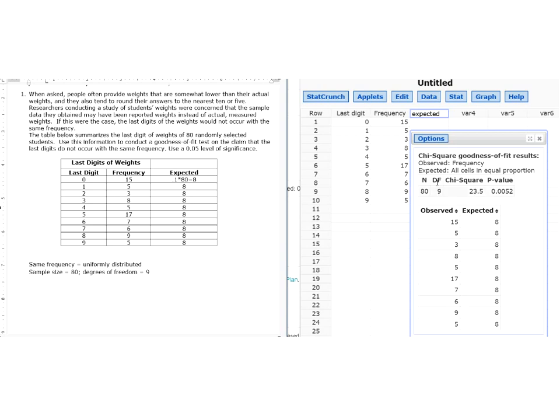StatCrunch also tells you that right here under DF. The test statistic is under where it says chi-square, so that would be 23.5. And our p-value is 0.0052.